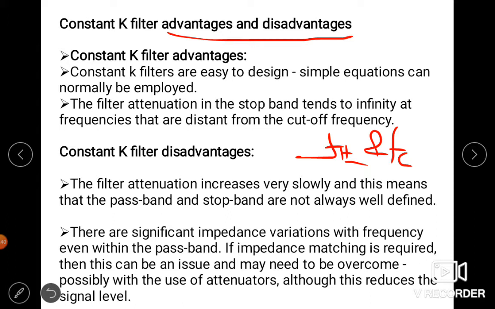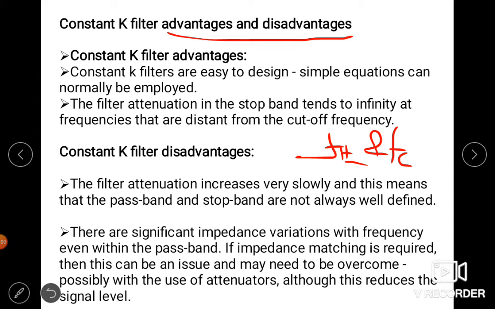Also, the impedance varies significantly with the frequency within the frequency band. If impedance matching is required, then this can be an issue, and may need to be overcome by the possibility of attenuation, although it reduces the signal level.